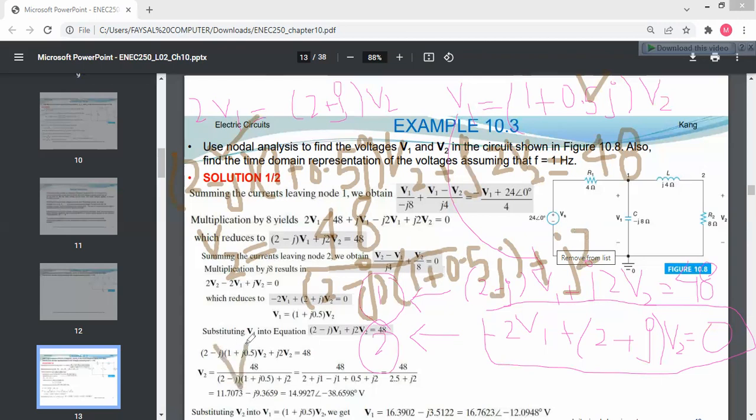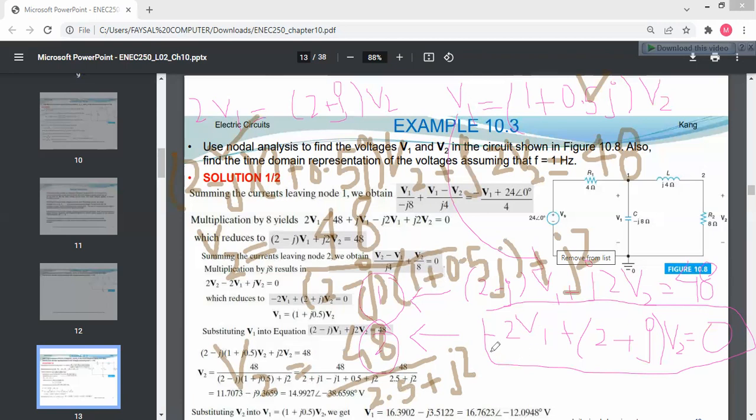So this value V2 will be equal to 48 divided by 2.5 plus j2. So this is the value of V2 after elaboration. I have to convert this form because j is my complex number and it is in the denominator, so I have to rationalize this value to find V2.